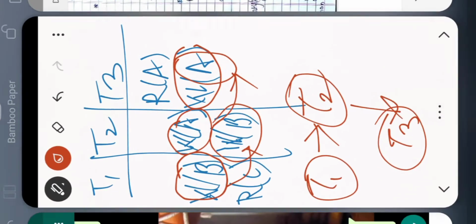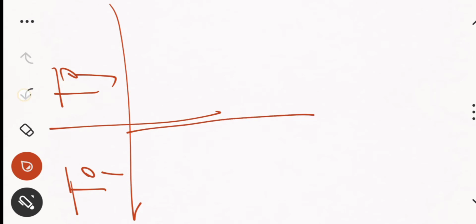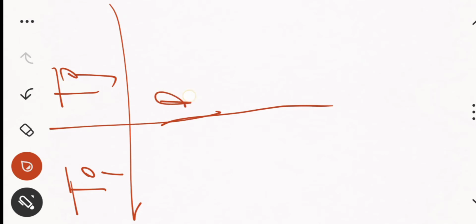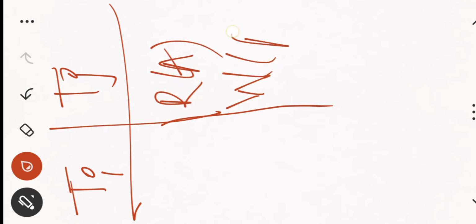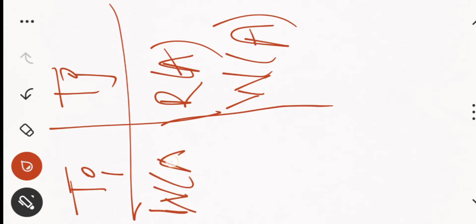Meaning to say, I have transaction Ti here and transaction Tj here. Here I am reading the data value of A, here I am writing the data element A, and this data element A I want to read here. Suppose I want to write the data element A here.